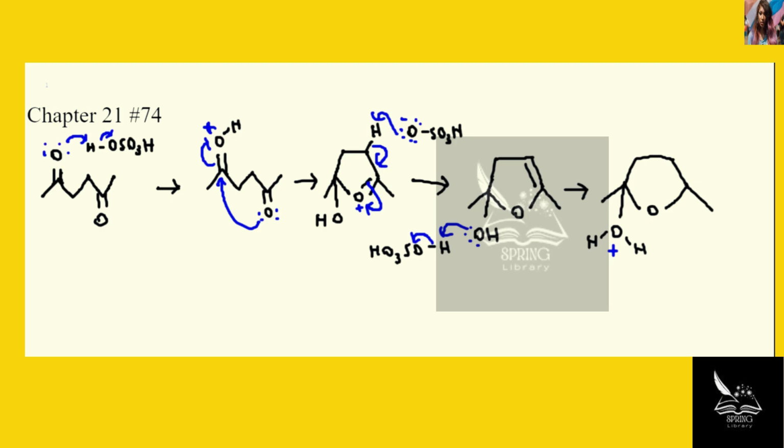And one thing that we should definitely know by now is that that is going to make this into a good leaving group. So alcohol is not a good leaving group, but water is a great leaving group. Okay, so that bond will break, that water will leave, and of course that's going to result in a carbocation being formed at the carbon to which that alcohol or water was attached.